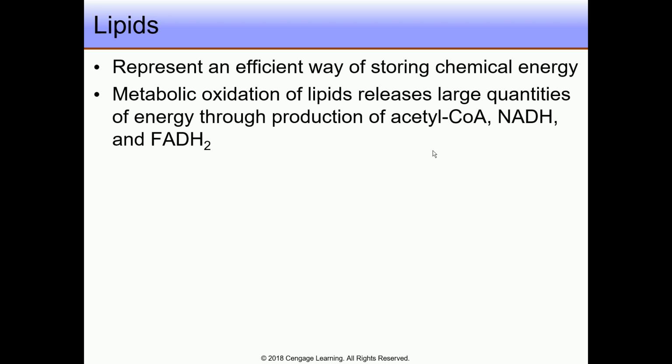We have already studied the metabolism of carbohydrates. We have talked about glycolysis, the Krebs cycle, the conversion step, the electron transport chain, and oxidative phosphorylation.